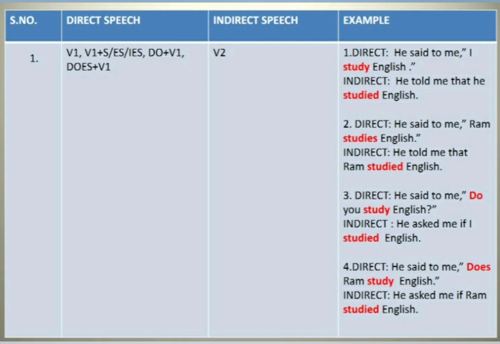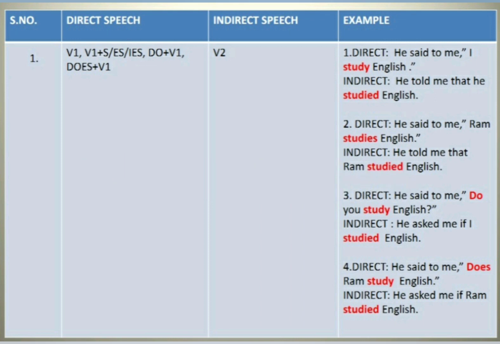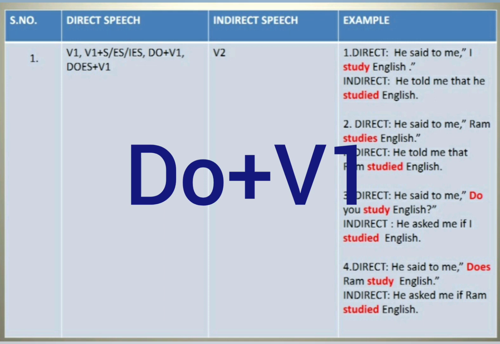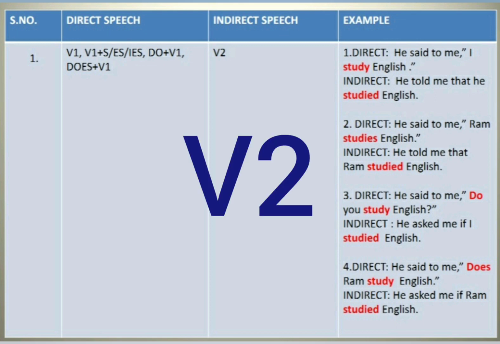The first change is, if in your direct speech you see the first form of the verb, or s, es or ies is added to the first form of the verb, or you have do plus v1 or does plus v1, in this case, when you convert into indirect speech, you will get v2, which represents the second form of the verb.